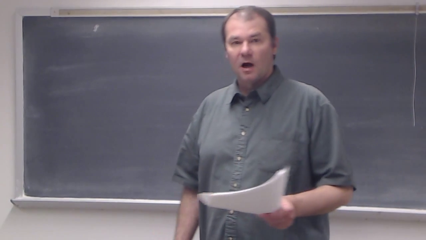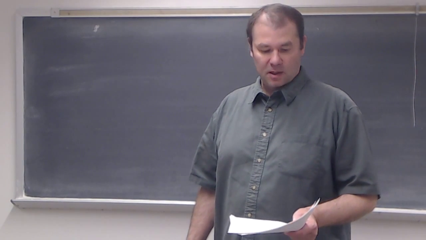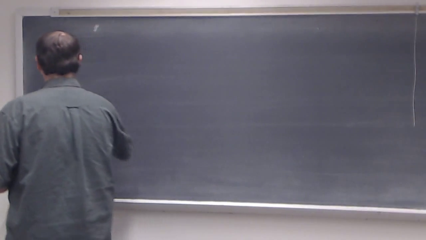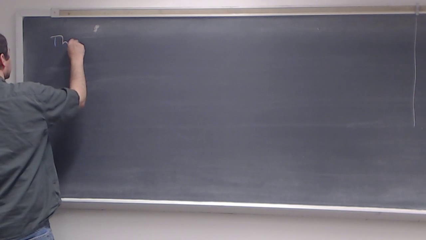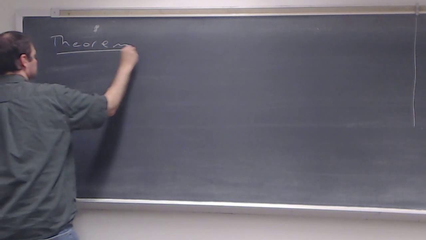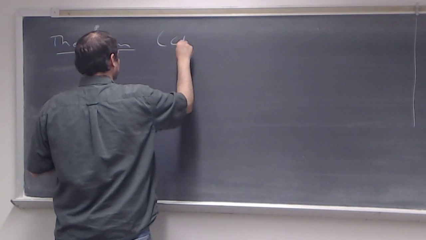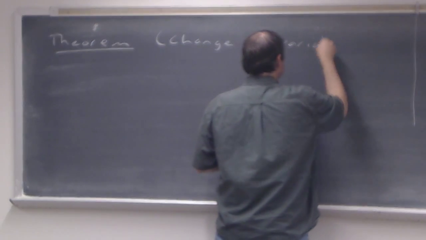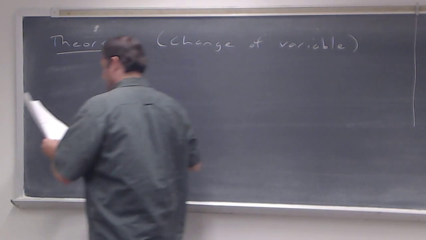So first of all, the U-substitution Theorem, the book calls it change of variable integration technique. So here it is. Call it the change of variable theorem. Here's what it says.